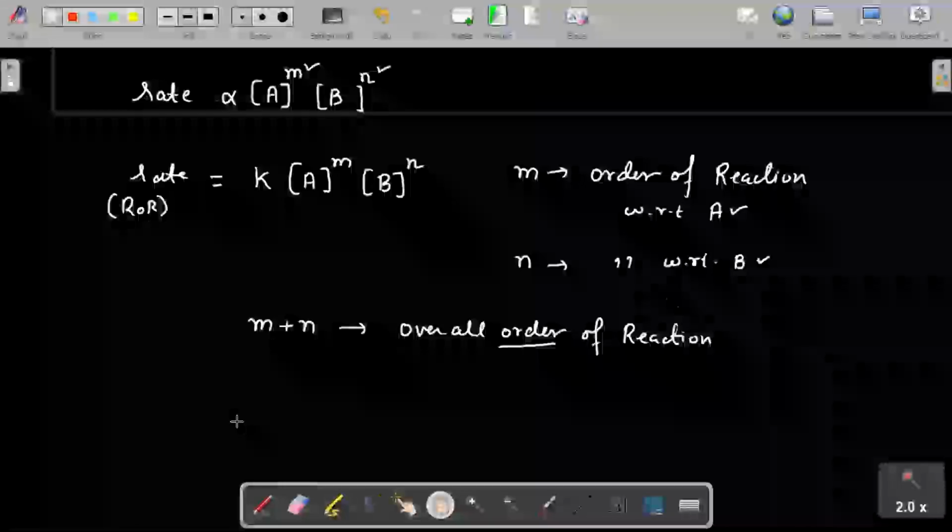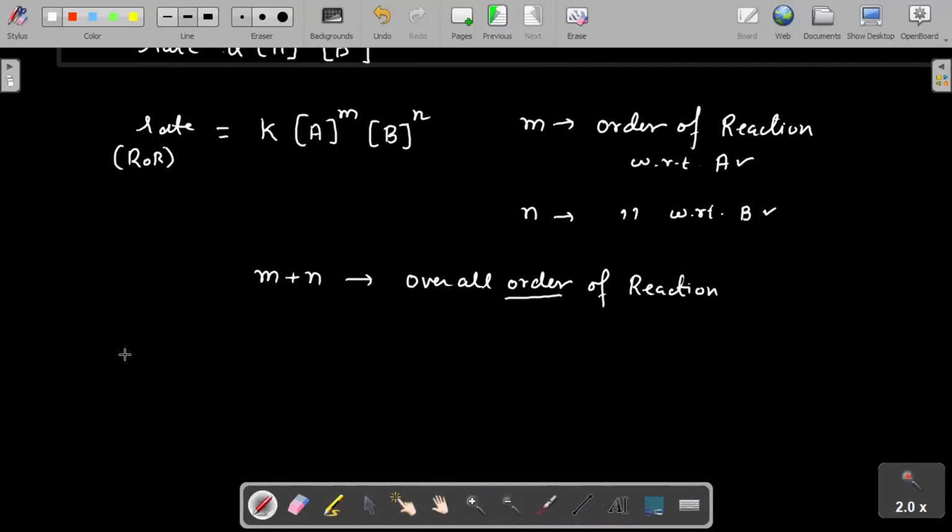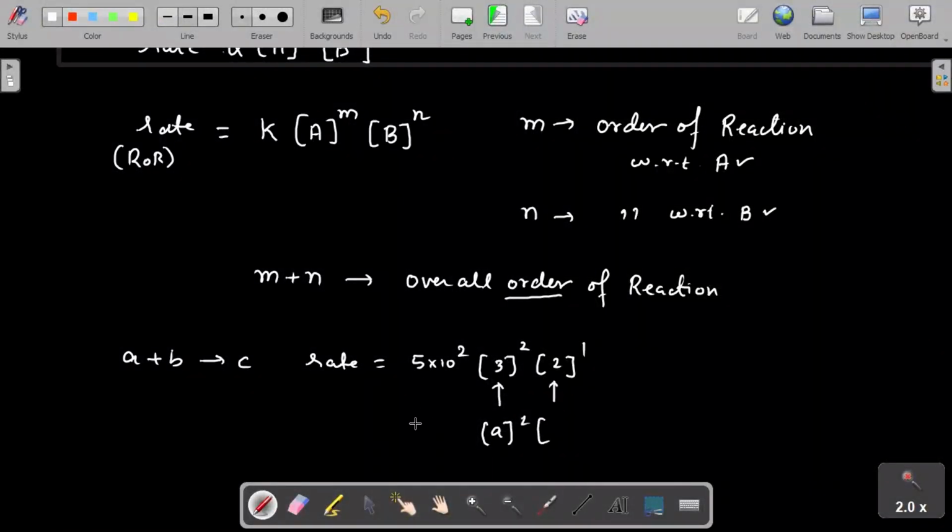In the exam, this question is asked for 1 mark. Say, for example, for some reaction A plus B gives you C, the rate is given as rate equal to K. Instead of K, there might be some number written, say 5 times 10 to the power 2, times the concentration of A to the power 2, times the concentration of B to the power 1.